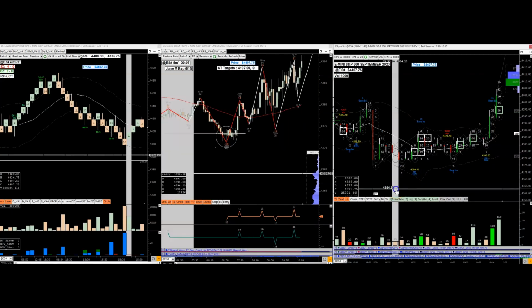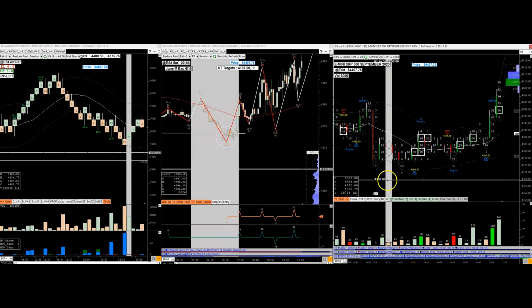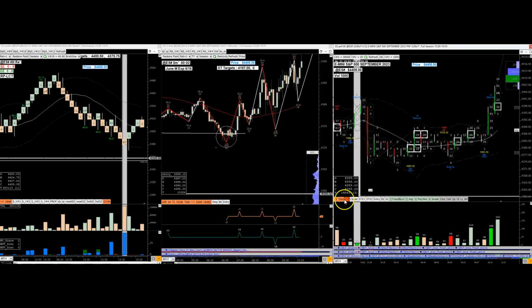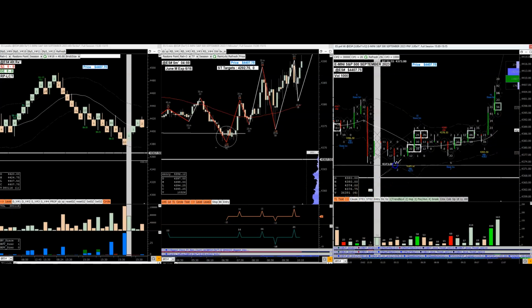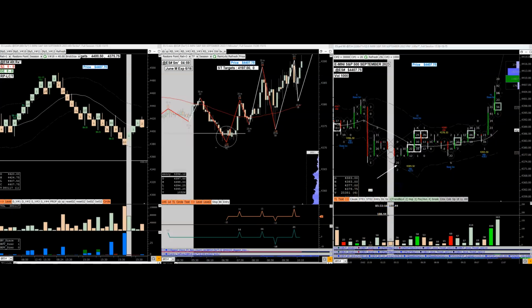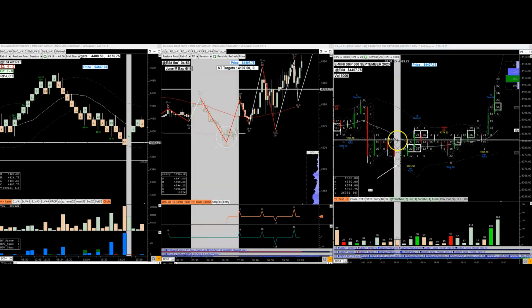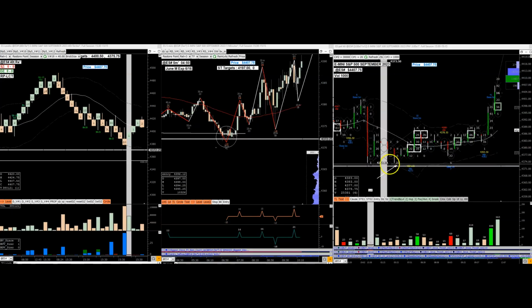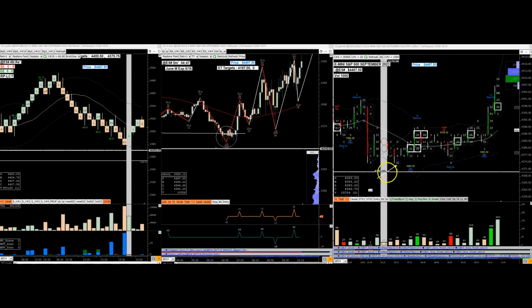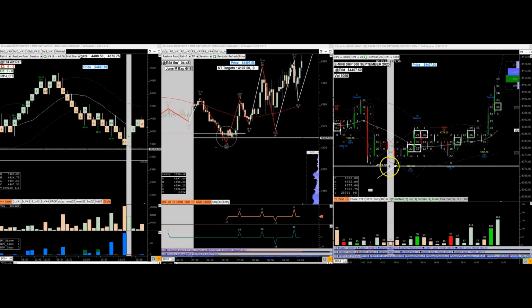So taking a look at the tape reading chart, when that happens, you'll notice it gives you an indication about 20,000 shares. I mean, not shares, contracts. Which is the biggest amount in this column, and it's at the low. There's a little bit, only 2,000 below, but basically it's at the low.